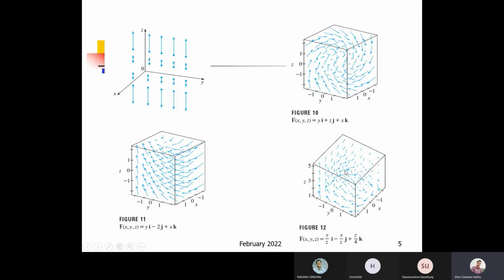Is it okay? Fine. Now these figures, 10, 11, and 12, were obviously more difficult to draw than the one you see in the very first figure. So can you tell me, in the first figure, what could be the function that defines this vector?